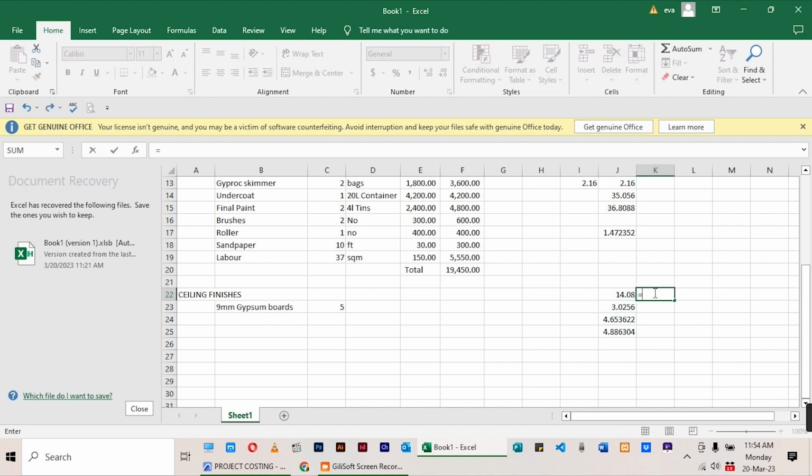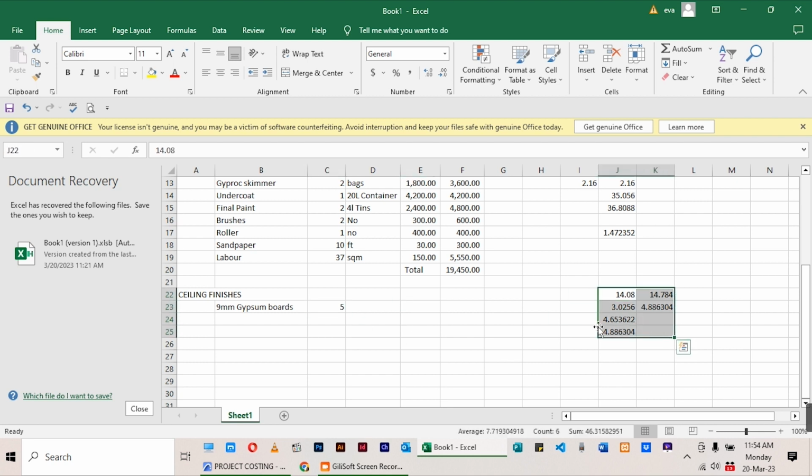Our area is this multiplied by 1.05. So it comes to this, and then divide this by the board area. So we are still getting 5. But to be on the safe side, let's do 6 boards.